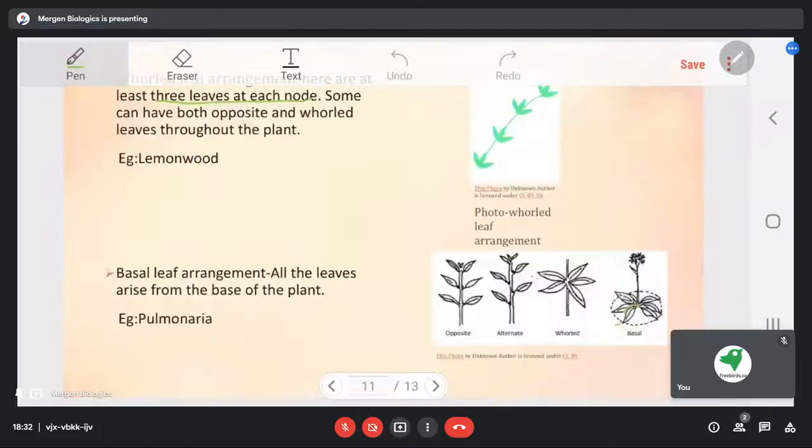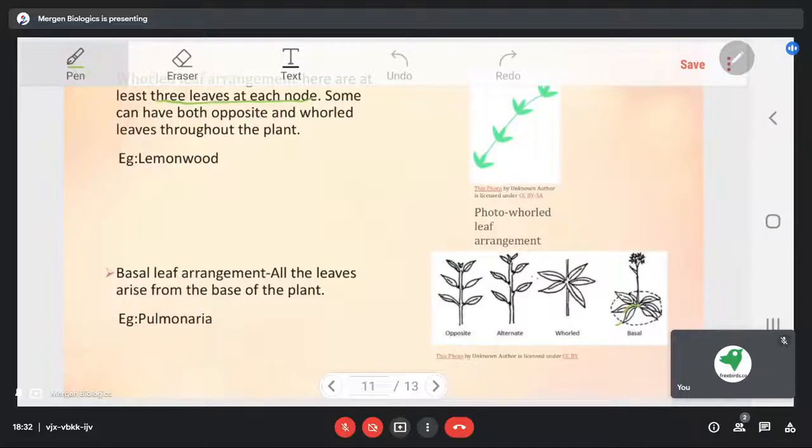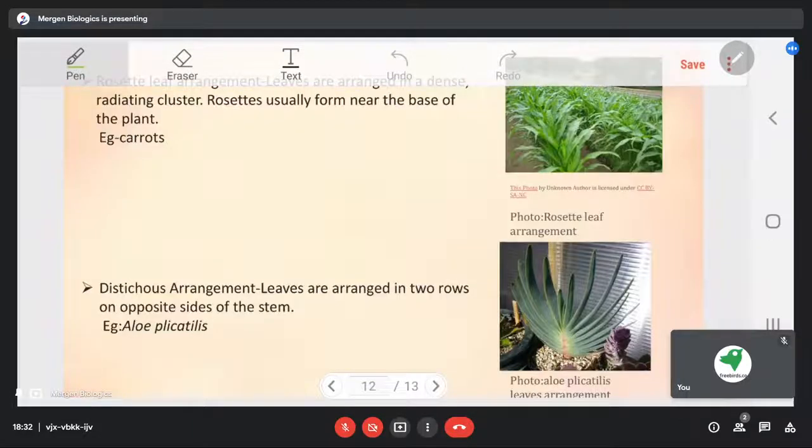In case of basal leaf, the amount of leaves can be very less, but in case of carrot leaf, that is rosette leaf arrangement, they are present in a very dense radiating cluster form. So they are different in very fundamental ways. One is basal leaf arrangement, another one is rosette leaf arrangement.